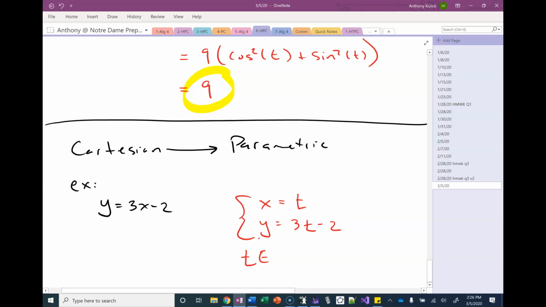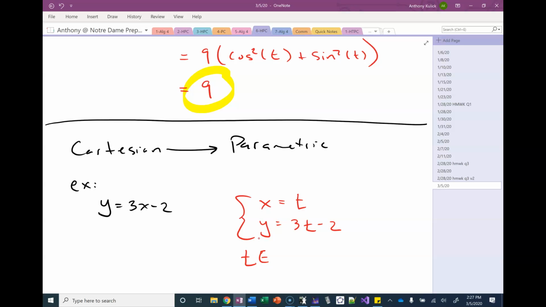Okay. So if x and t are the same thing, then all the values I can have for x are the same values I should have for t, right? So what are the values I can have for x in y equals 3x minus 2? That's just the domain for 3x minus 2, which is all real numbers.